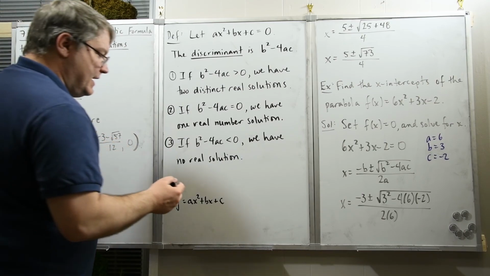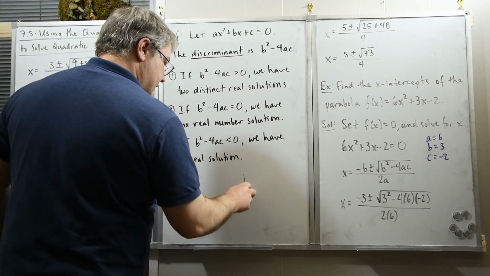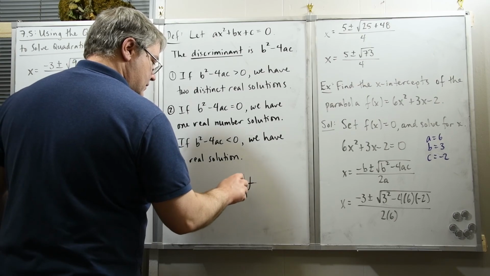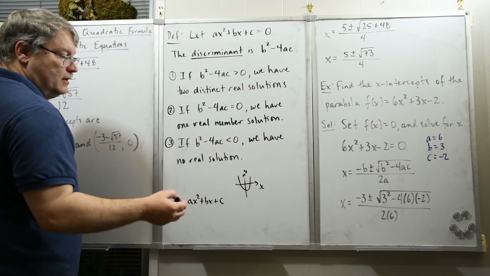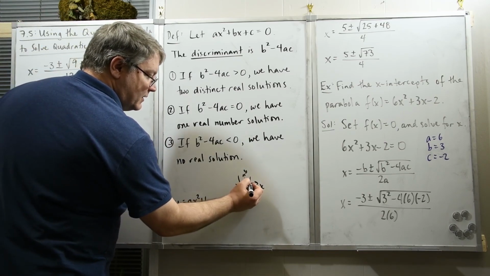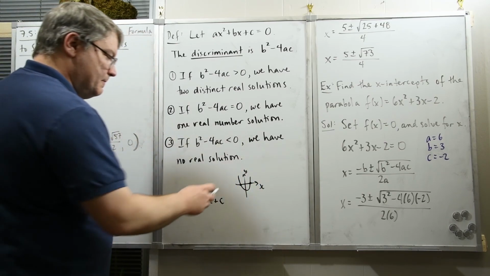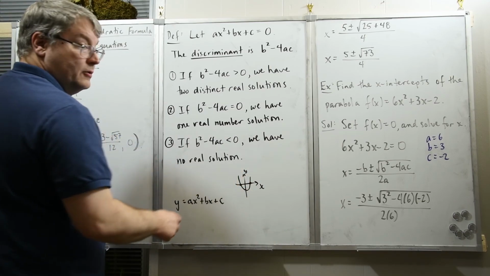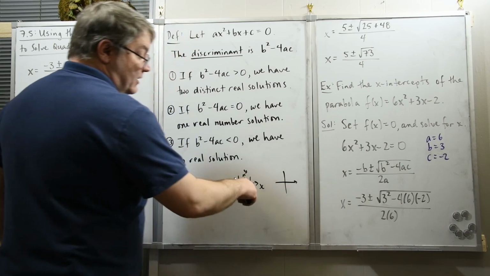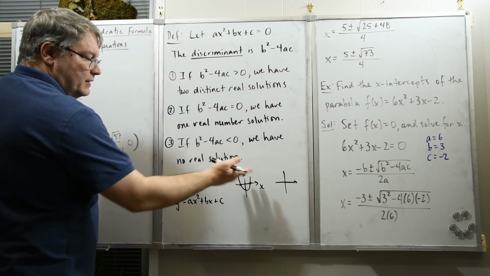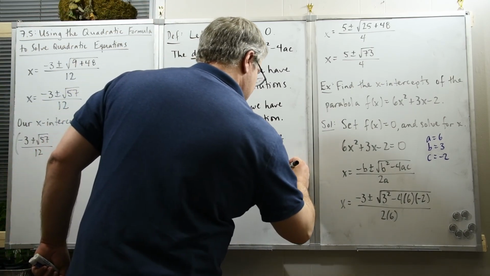So if I have a graph that, let's say, looks like this, then I would know that the discriminant is positive, because I would have two distinct real solutions corresponding to these two x-intercepts. We could also have the parabola opening downward but still crossing the x-axis in two different spots.